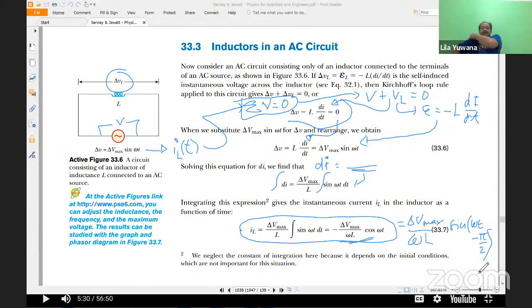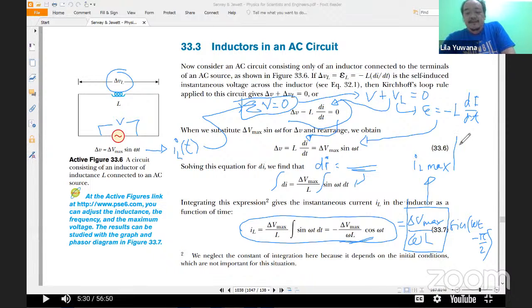Now we have this expression. We can say this term is the maximum current of the inductor. Delta V max equals omega L.